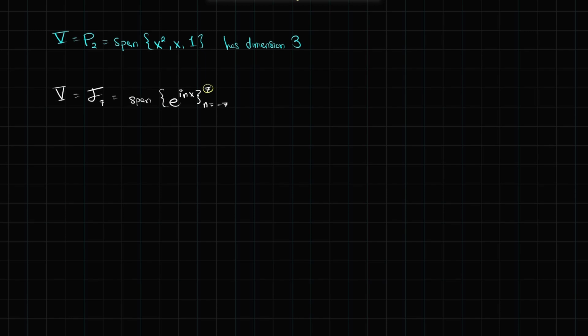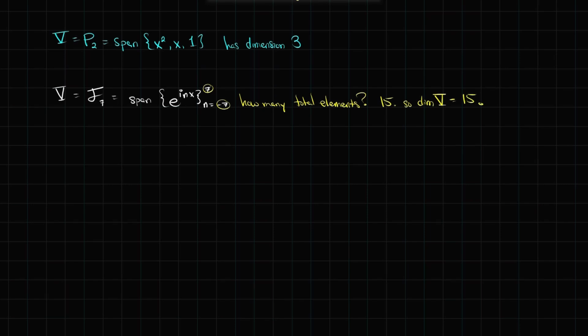The question is, how many total elements are there? If you start at -7 and end at 7, you'd think it's 14, but you would skip over the number 0. So it's actually 15 because you include 0. There are 15, so the dimension, and we often use the notation dim V, equals 15.